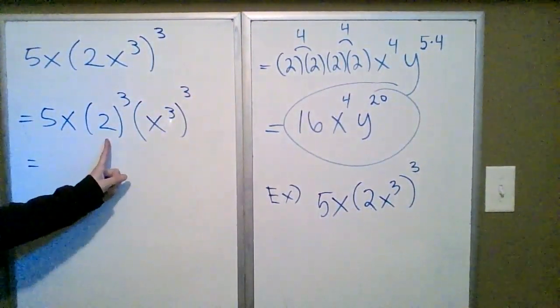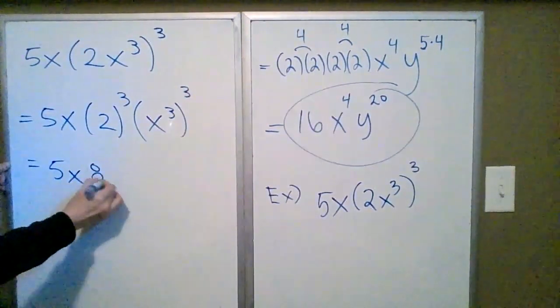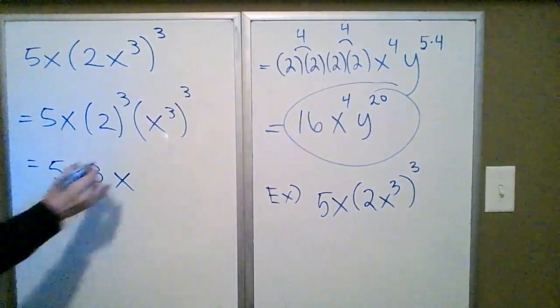Two cubed is 8. So far it's 5 times x times 8 times x to the power of 3 times 3.